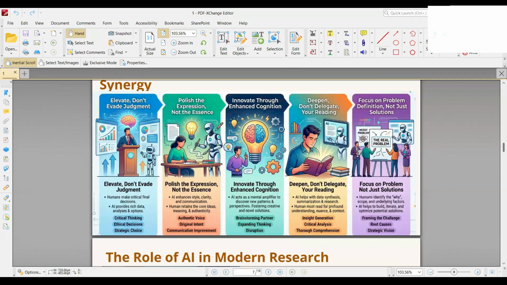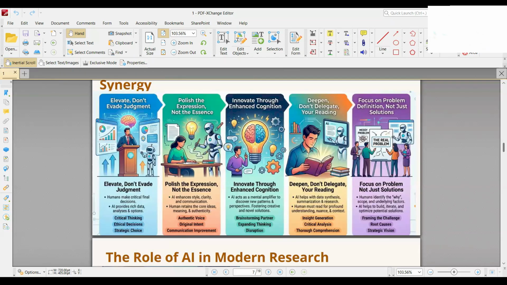Now let's move to the fourth pillar: deepen, don't delegate, your reading. In an era of instant summaries, it is tempting to let AI read and digest materials for you. However, true understanding comes from deep engagement with the source material.